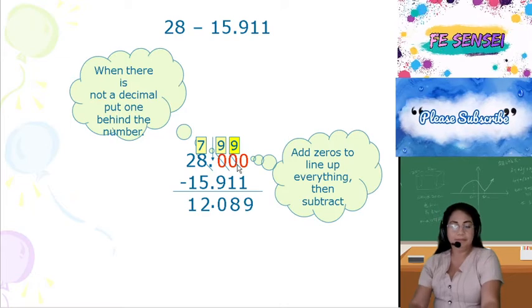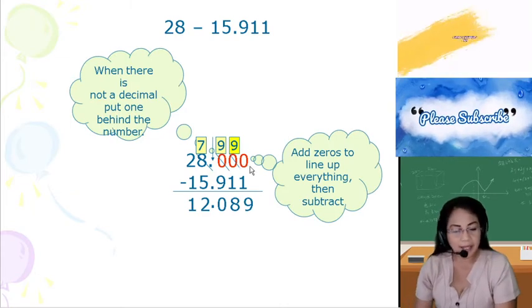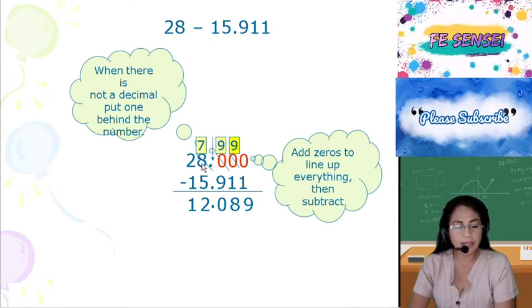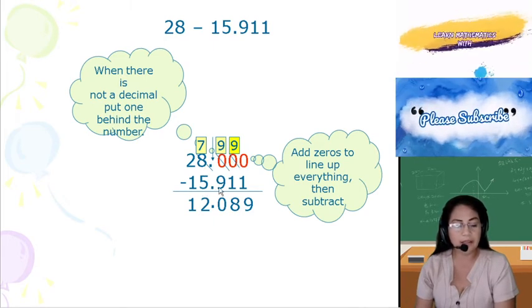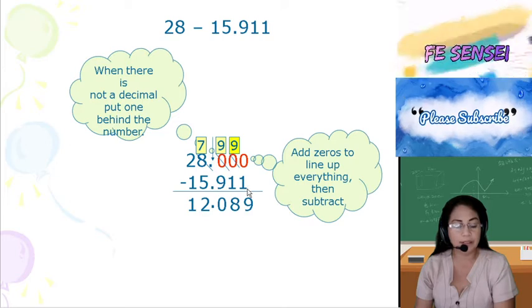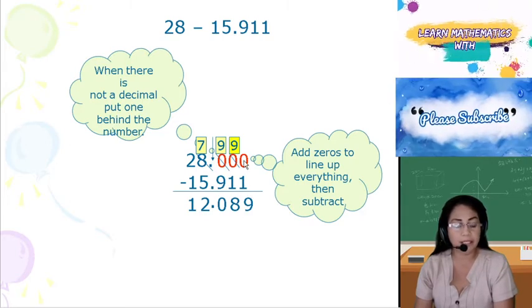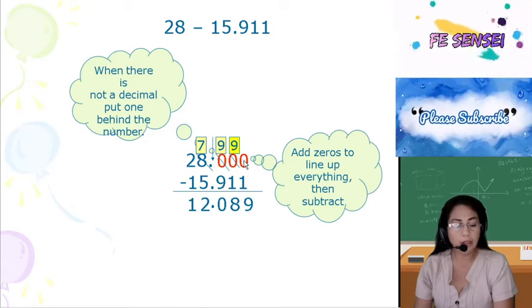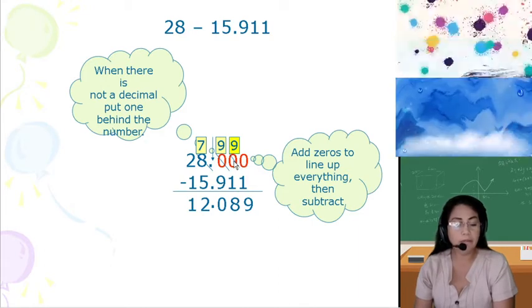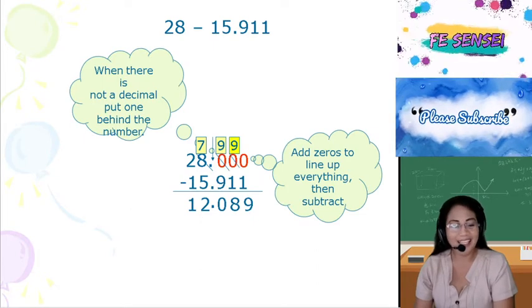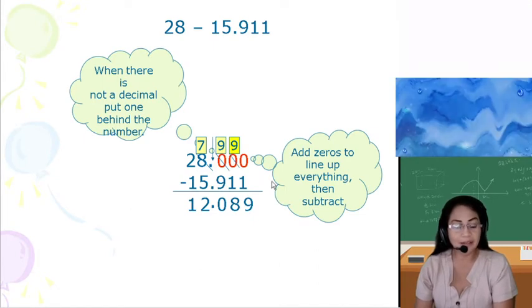Again, I'm going to discuss this one again. 28 minus 15 and 911 thousandths. You can't subtract 1 from 0. Therefore, you have to borrow from your neighbor. Okay, but this is 0.